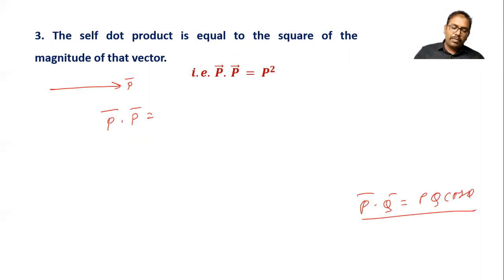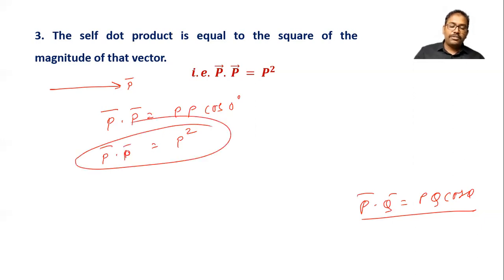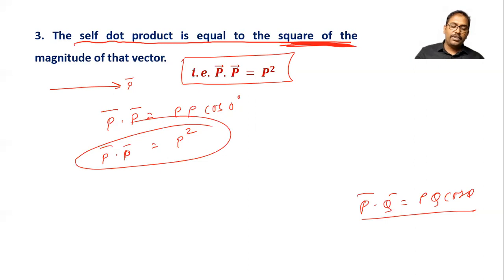Now here p bar dot p bar is p into p into cos of 0 degree because no angle. So vector making 0 angle with itself. Cos 0 is 1, so p square. So p bar dot p bar is coming p square. So here it is written, self dot product is equal to square of the magnitude of the vector.